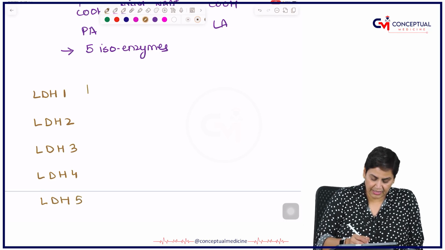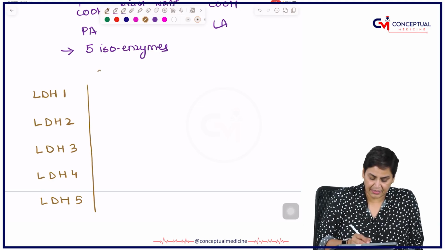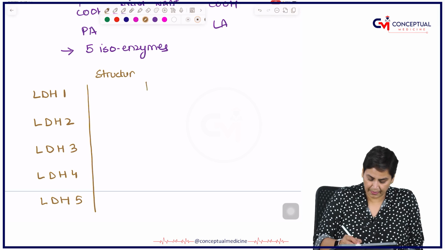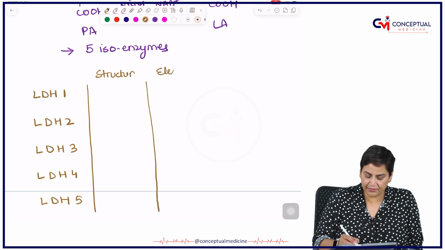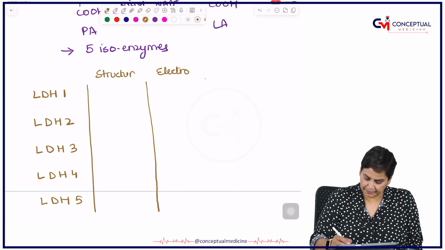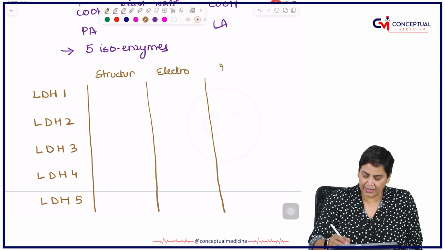Now the question is, just now I told you they will be differentiated on the basis of 3 parameters. Structurally they are different. Electrophoretically they are different. And obviously, if these two parameters are different, immunologically also they will be different.